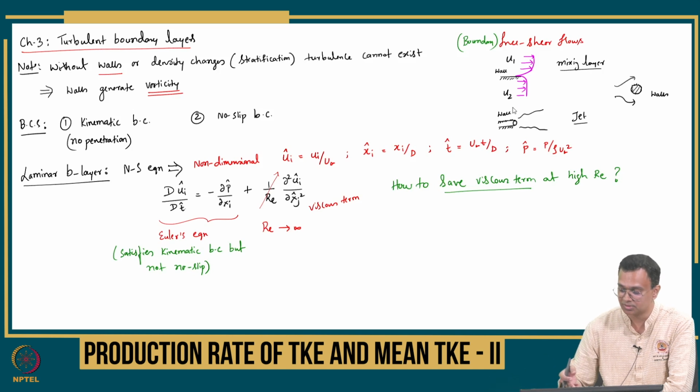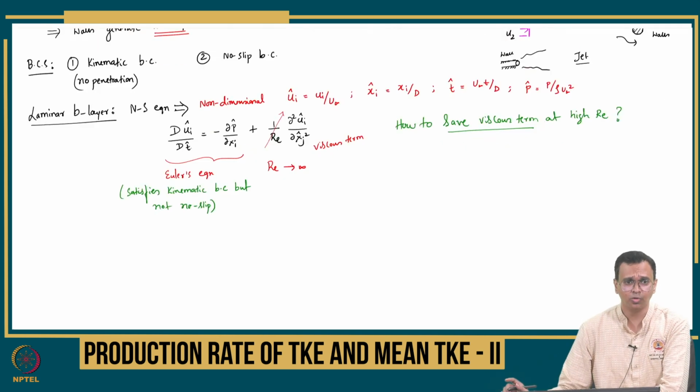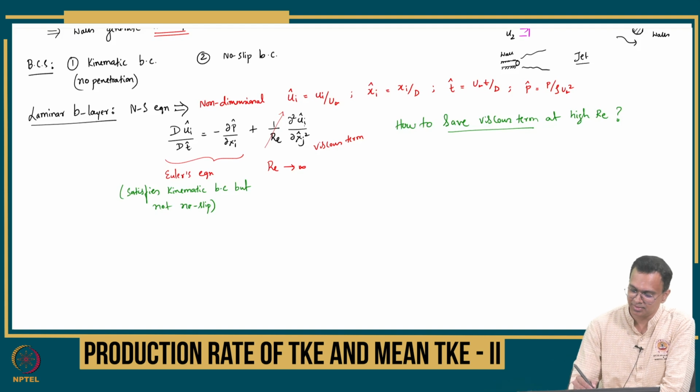Anyway, now we come to this. How do I save this term? This is very important before we proceed to a turbulent boundary layer. It's much more complicated than a laminar boundary layer. Okay, think of boundary layer first. Very close to the wall, the gradients are sharp. So very close to the wall, this neighboring term, ∂²ui bar/∂xj², must be so large that it should compensate for the 1 by Re effect.